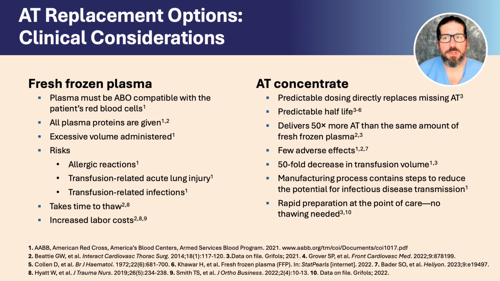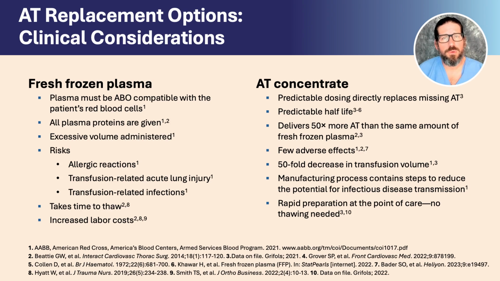Risks associated with fresh frozen plasma include allergic reactions, transfusion-related acute lung injury, transfusion-associated circulatory overload, the possibility for infection transmission, and febrile reactions. Antithrombin concentrate, on the other hand, has no known contraindications and a low risk for major bleeding complications, even in the presence of heparin.